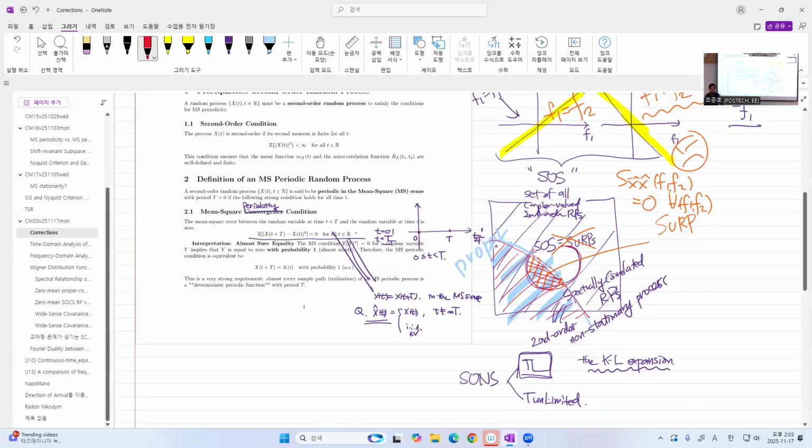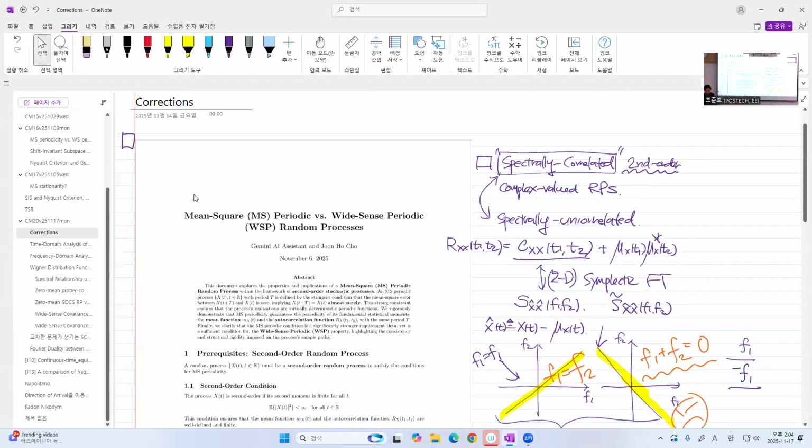The if and only if condition for spectral uncorrelatedness. Got it? Last time I said that second order stationarity means spectral uncorrelatedness. That was incorrect. So we need properness of the random process. So please correct that part.